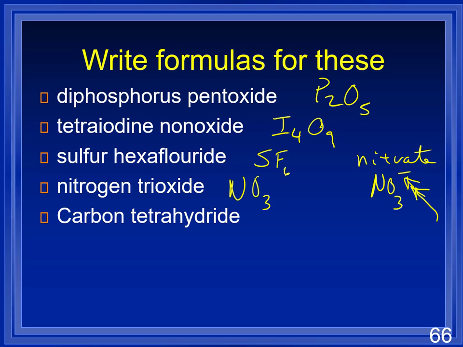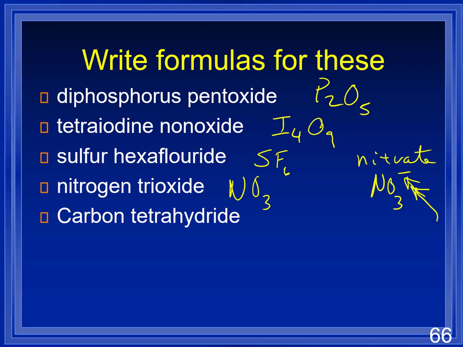Okay? Carbon tetrahydride. The reason I gave you this is because this chemical has a common name. Its common name is methane. What does methane tell you about it? It doesn't tell you anything, does it?